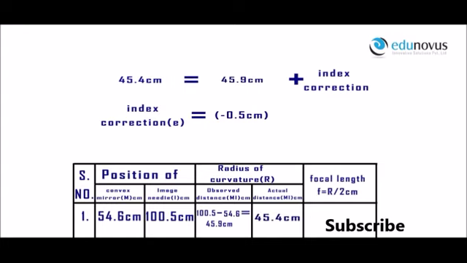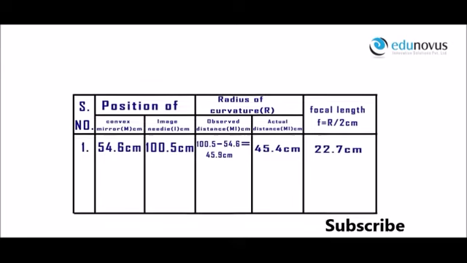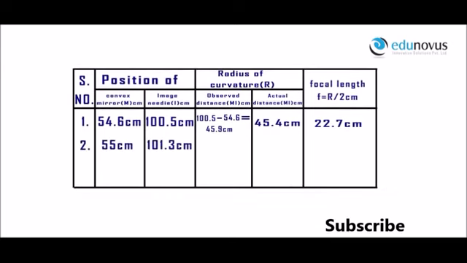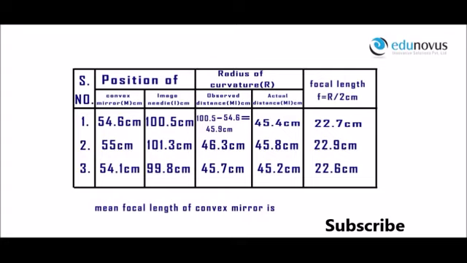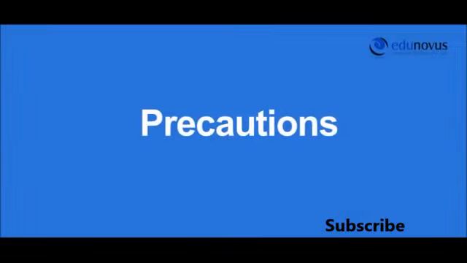Focal length F is equal to R by 2 centimeters, that is 45.4 by 2, that is equal to 22.7 centimeters. Similarly, the other readings are as follows. Mean focal length of the convex mirror is 68.2 by 3, which is 22.73 centimeters. Focal length of convex mirror.